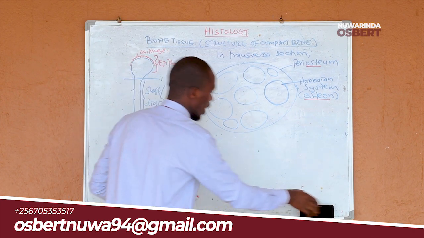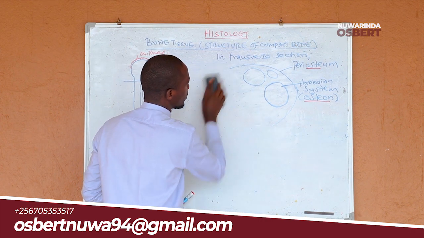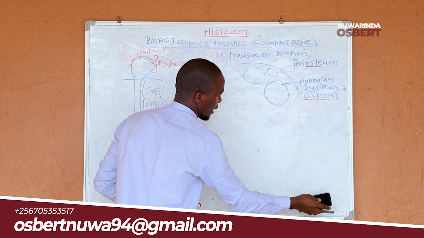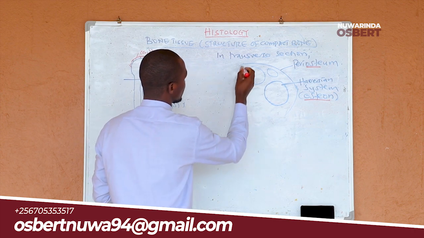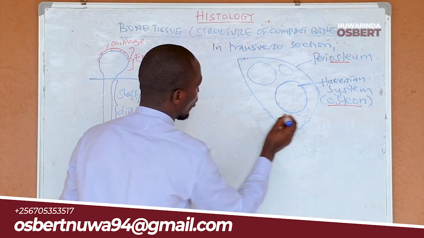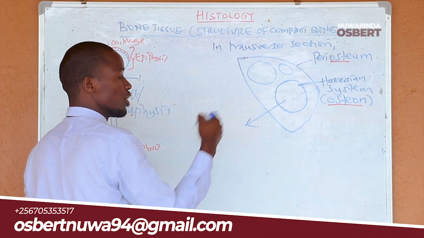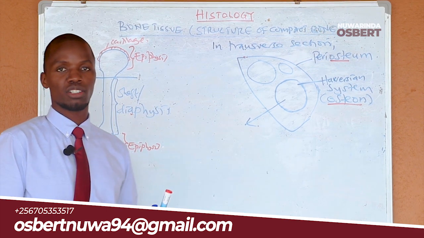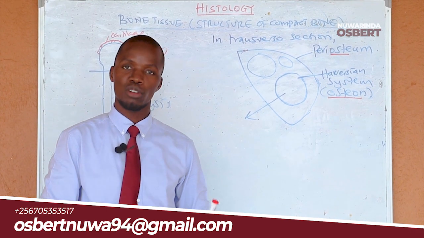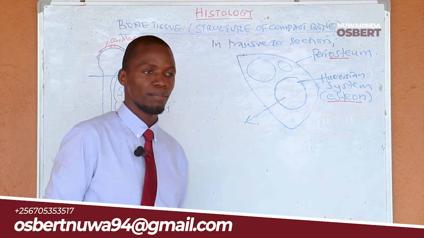So assume I come and I pick out one Haversian system. Now in this Haversian system, this is what we find there. I am going to base my description from inside to the outside.